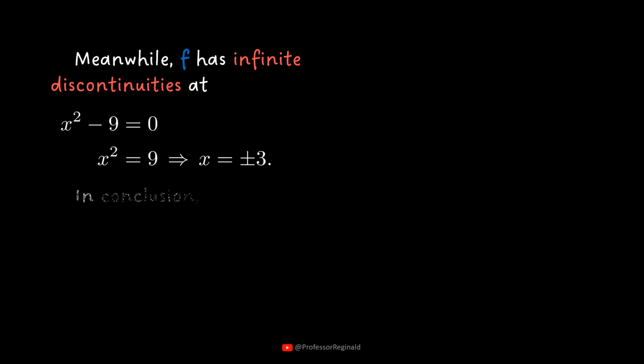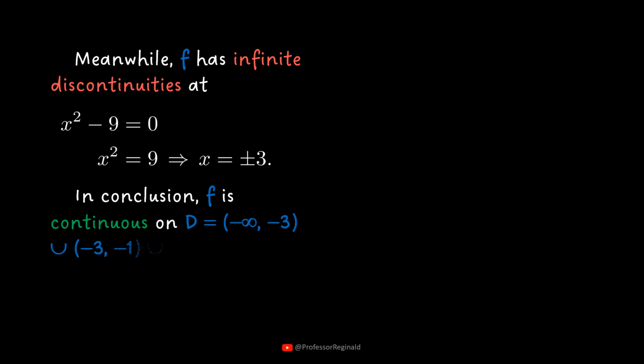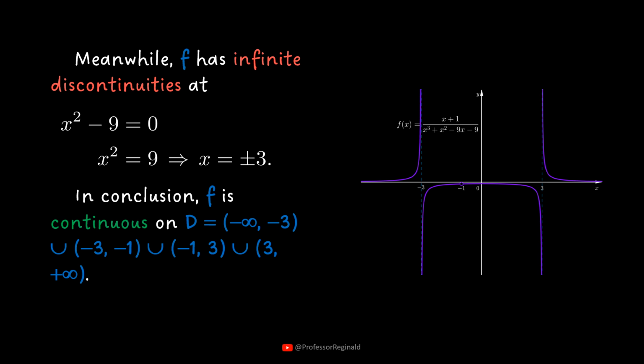In conclusion, f is continuous on its domain D. The figure on the right confirms the conclusion that f is discontinuous at x equals negative 3, negative 1, and 3.